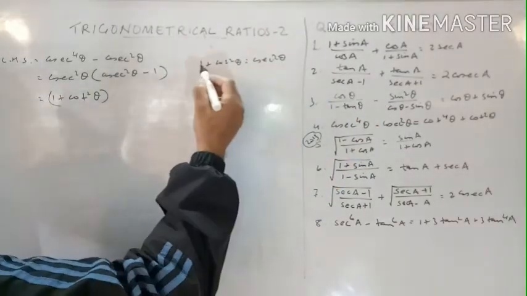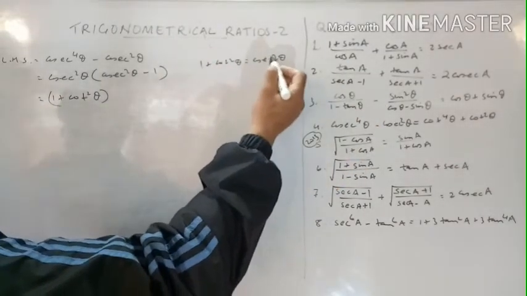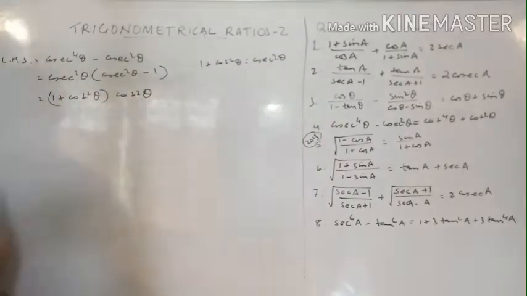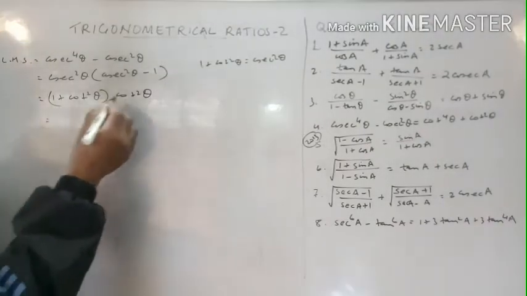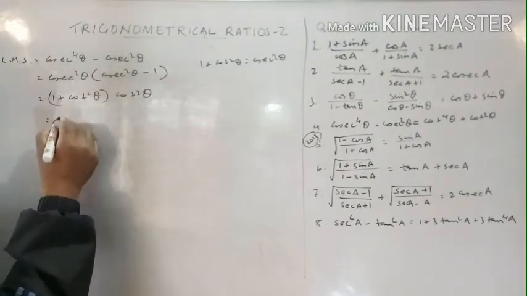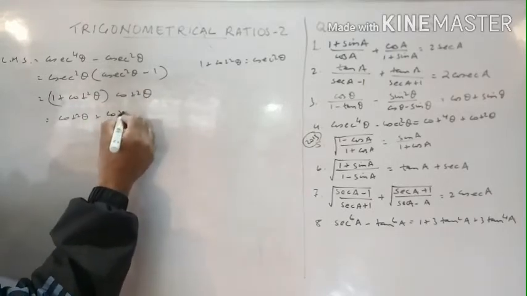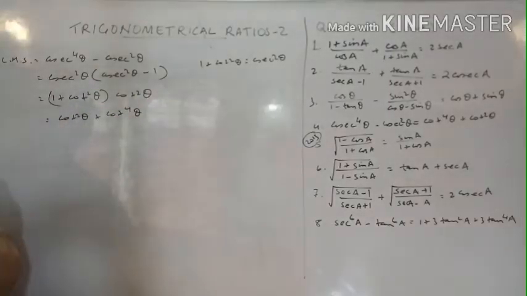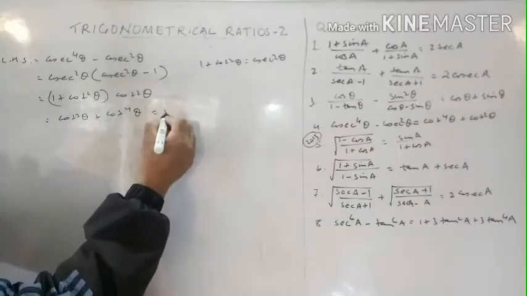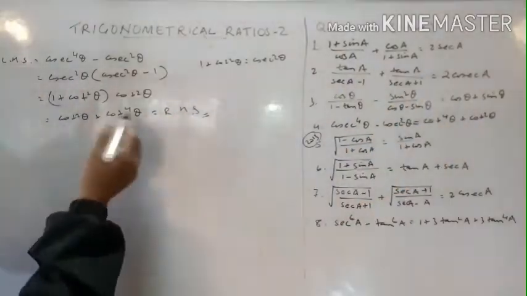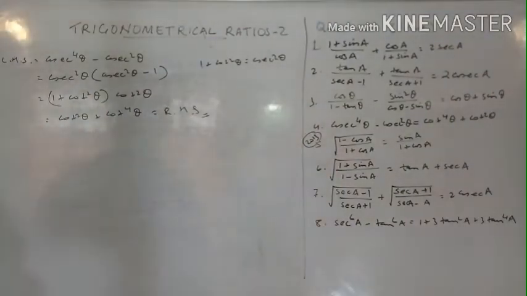And if you take 1 this side, cosec square theta minus 1 will be cot square theta. So this will be equal to cot square theta. Okay. So if you multiply, cot square into 1 will be cot square theta, and cot square into cot square will be cot to the power 4 theta. Okay. So we got RHS. It is cot to the power 4 theta plus cot square, the same thing. Okay. That is number 4.